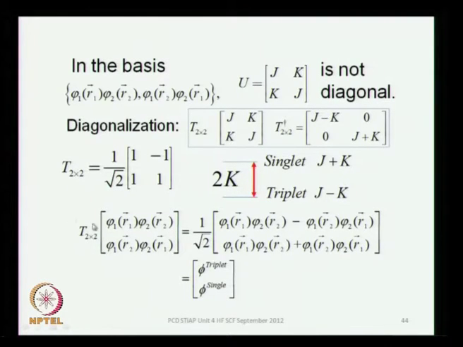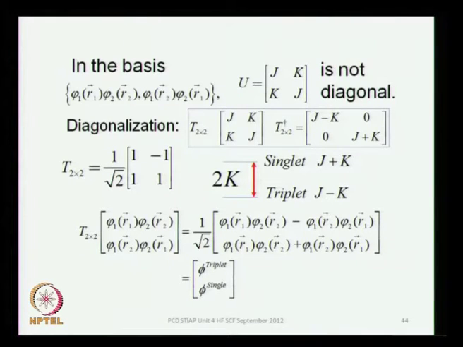You already have the answer, because phi 1 r 1 phi 2 r 2 and phi 1 r 2 phi 2 r 1 is the basis set, and if you operate on this by this matrix T, which is the one which diagonalizes the Coulomb interaction, you get the singlet and the triplet states as you would expect, right.